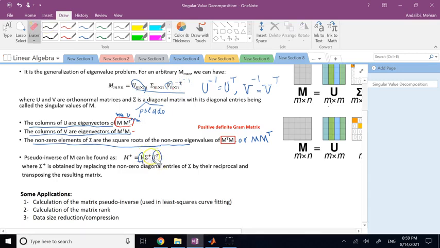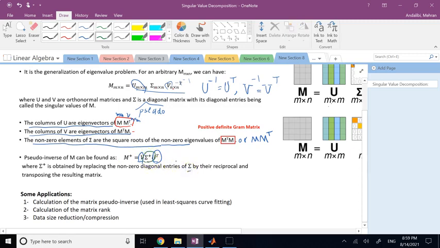And the inverse of a diagonal matrix, if you remember, if I have a square diagonal matrix, the inverse of that is the same format, diagonal, except the diagonal elements are the reciprocals of their corresponding entries in the original matrix. That's the same thing for sigma and sigma plus. So sigma plus here is the pseudo-inverse of sigma.